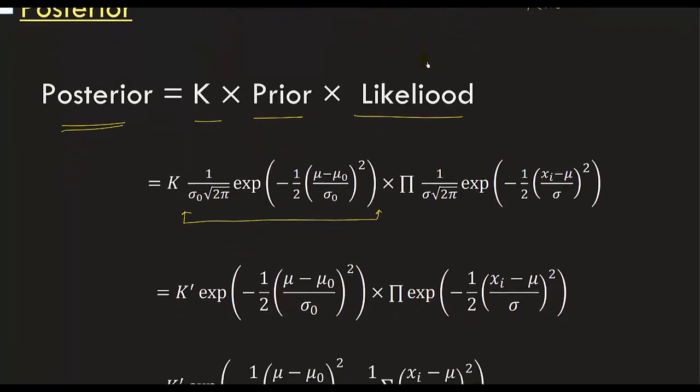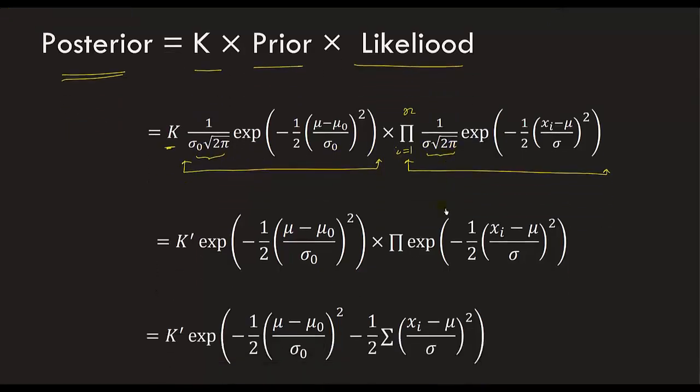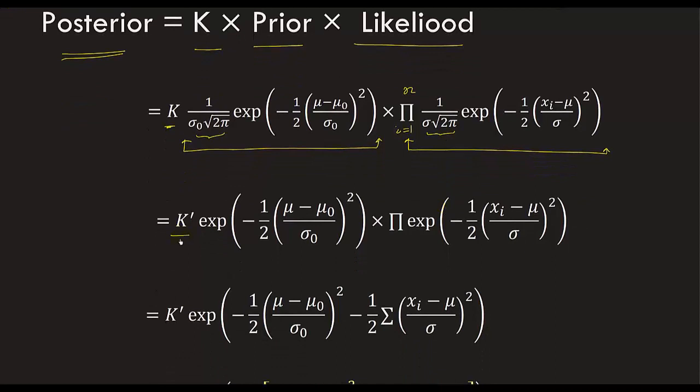Now this is the likelihood that I have already calculated earlier, the product from i equals 1 to n of all these normally distributed f(x_i), and we have to multiply all this. Now let us take this k and this constant here. If I multiply all this, I get another constant; let's call this constant k dash.